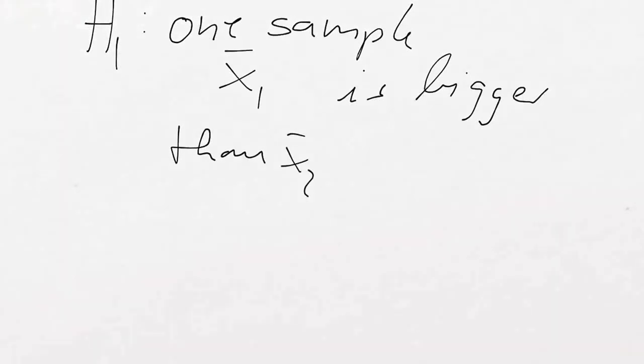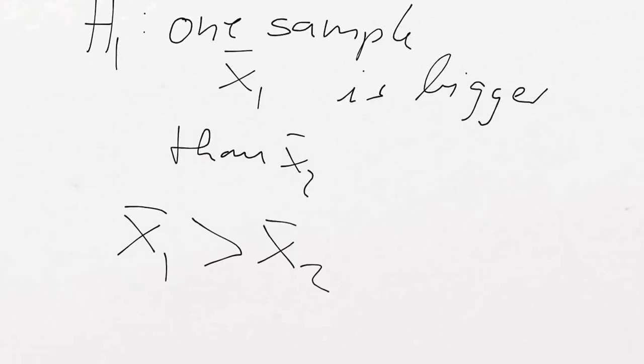And this is caused by sampling error and an additional effect. So I would write this as x1 is bigger than x2. I have only one option when I say it like that, and this would give me a one-tailed test.